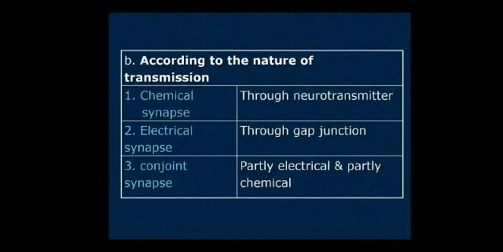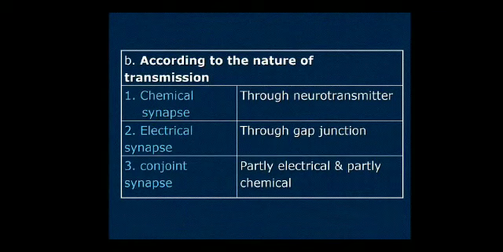This is an important topic, that is, classification based on the nature of transmission. It's called chemical, electrical and conjoint. Chemical is by the release of chemical neurotransmitters. Electrical is by the gap junctions.